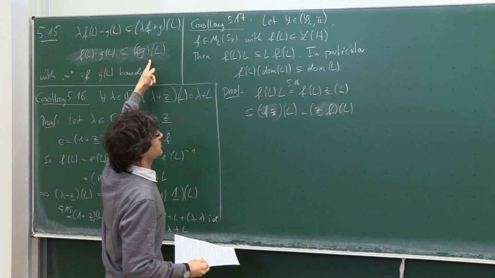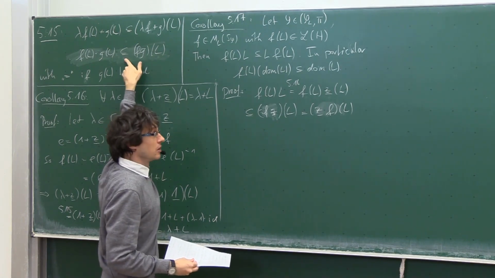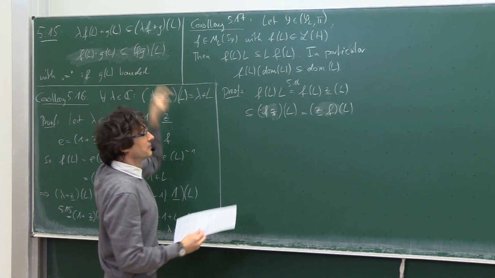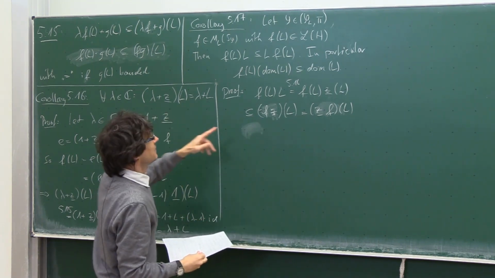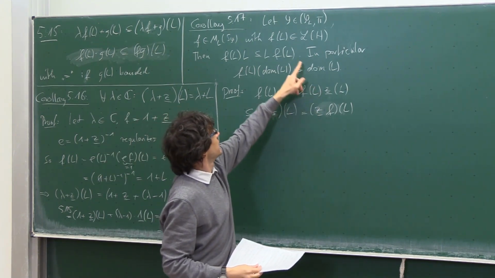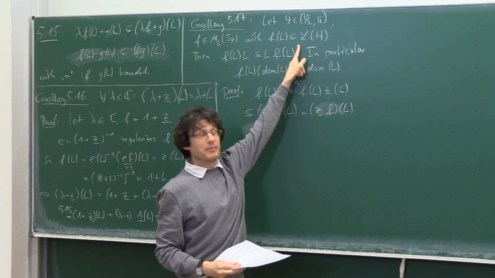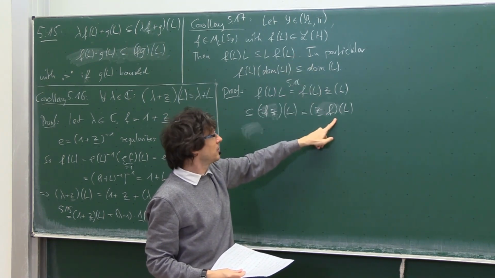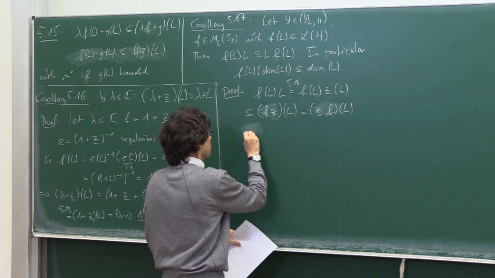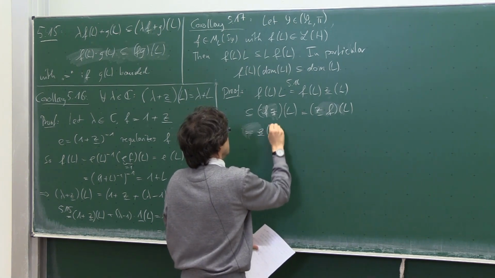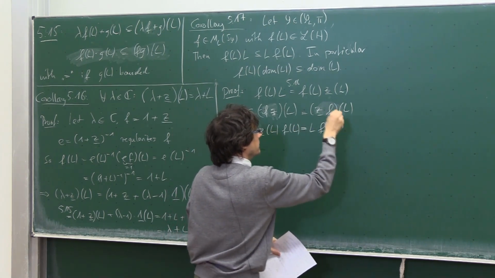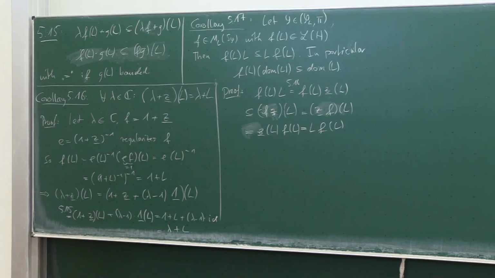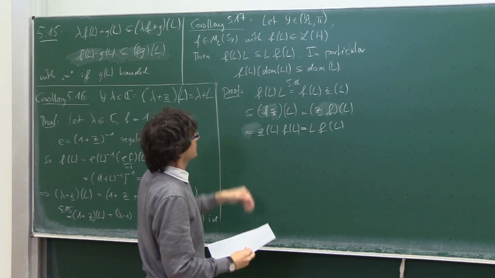Usually this wouldn't work because going back would mean the other inclusion, which is bad for the proof. But now the second one is a bounded thing. That is why it's important to suppose that f of L is bounded. Now we get equality, z of L f of L, and this is L f of L. So we have the inclusion that is stated here.